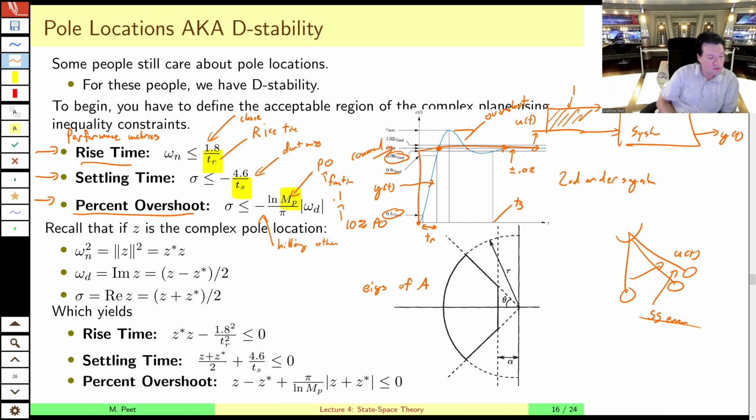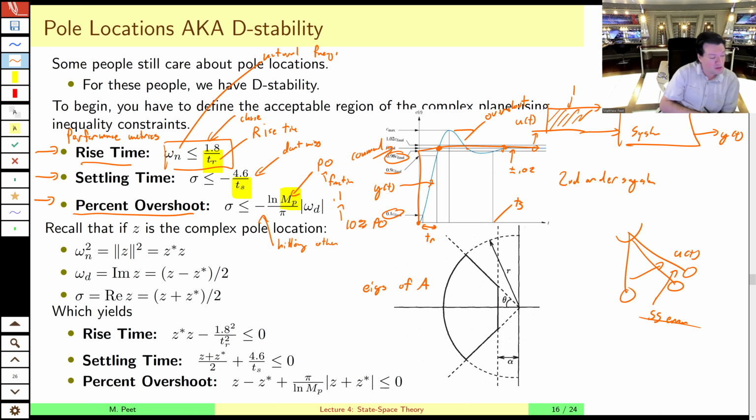So we say, anyway, that a system satisfies a rise time constraint if the natural frequency is less than this number, 1.8 over rise time, the metric.